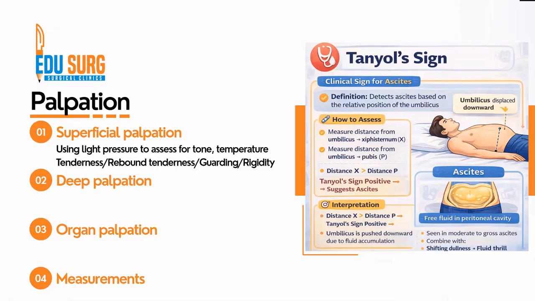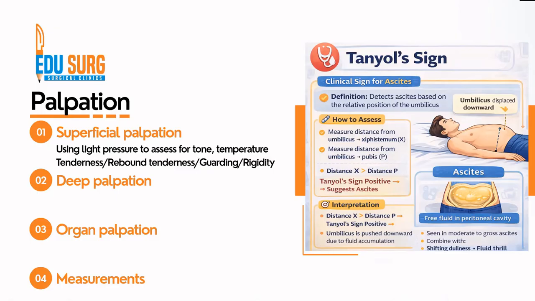Tenderness, rebound tenderness, guarding, and rigidity are four important things that you also need to assess when it comes to palpation. Now, Tenual sign is the sign that we were discussing. It's a measurement point, but to explain, basically, you measure the distance from umbilicus to xiphisternum and umbilicus to pubis. If the x is greater than p, then it suggests that Tenual sign is positive and it's an indicator of ascites.